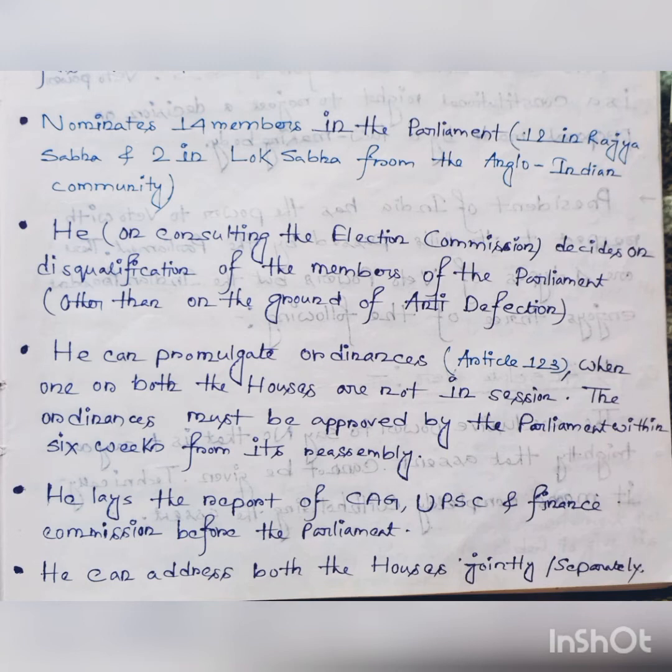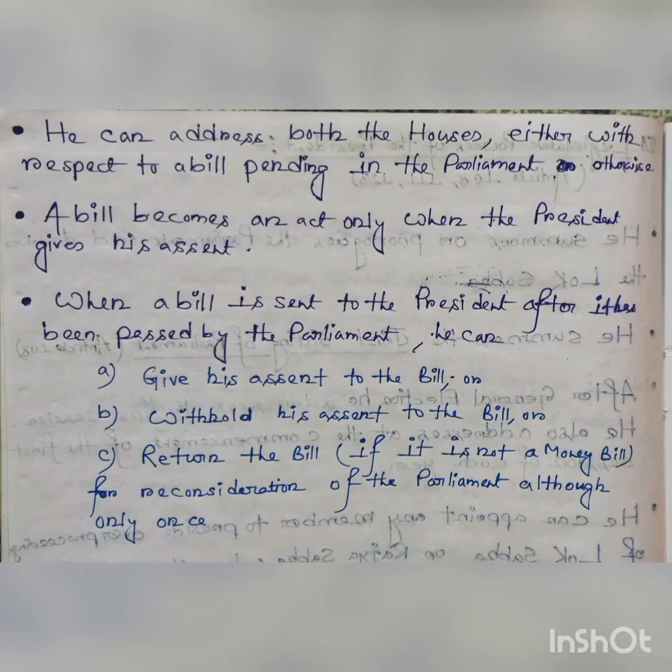Next point, he can address both Houses jointly or separately. Next point, he can address both Houses with respect to a bill pending in the Parliament or otherwise. Next point, a bill becomes an Act only when the President gives his assent.